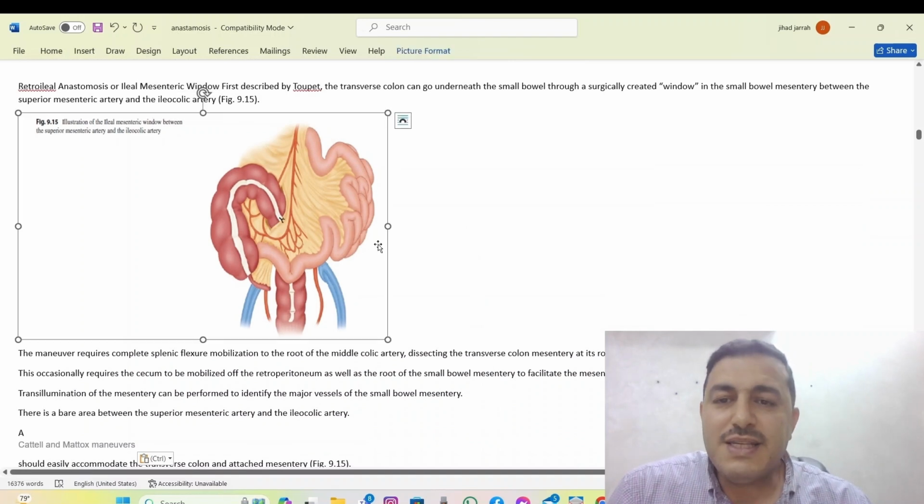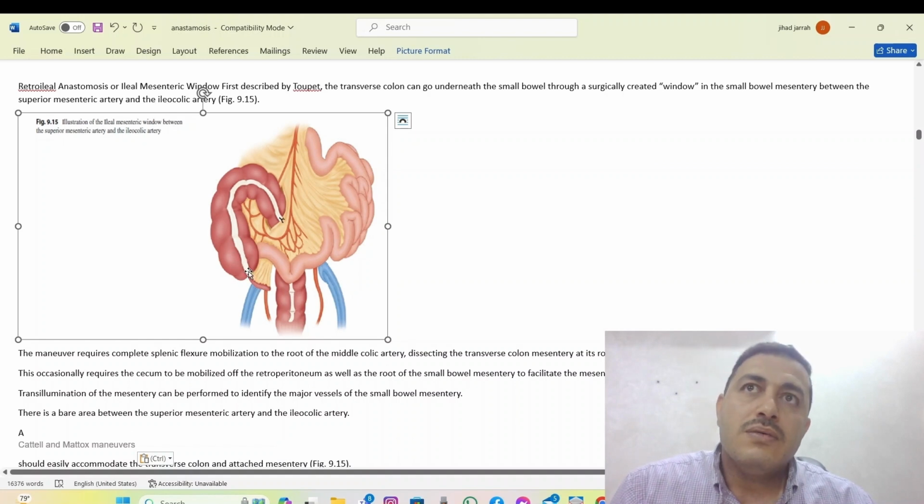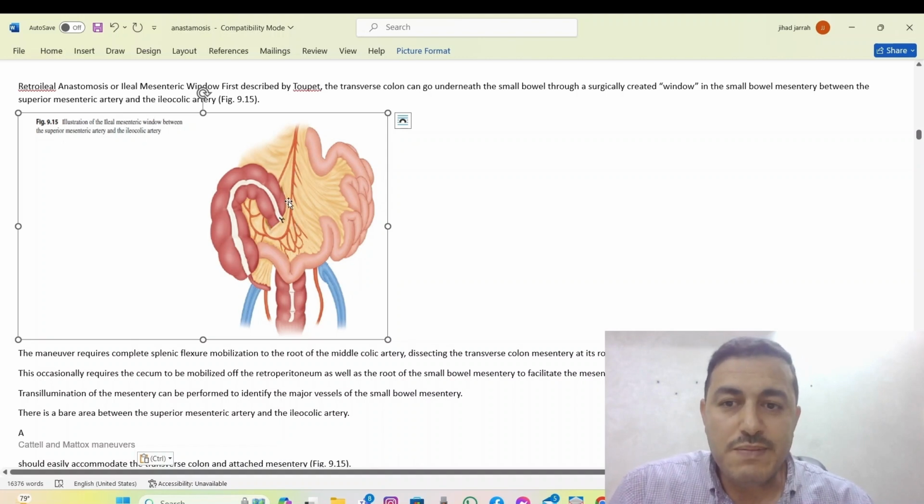Actually, this is a nice picture. You can see what we do is bringing the right side and even the transverse colon through a window in the mesentery of the small bowel between the superior mesenteric artery and the ileocolic artery. The area between them is an avascular area.